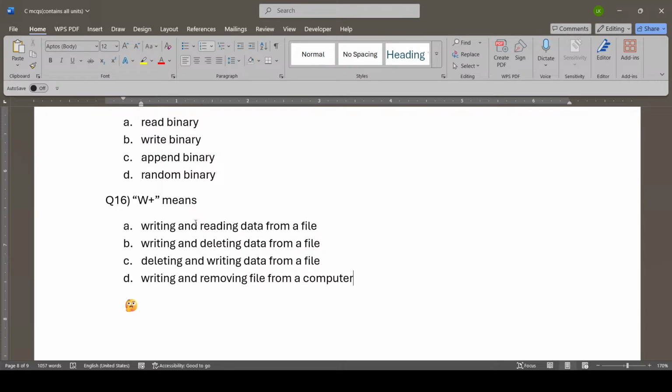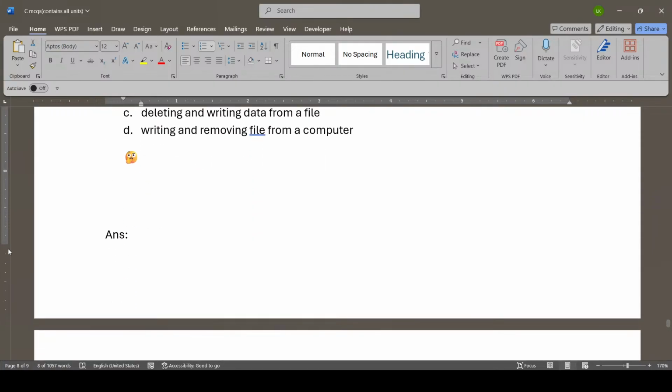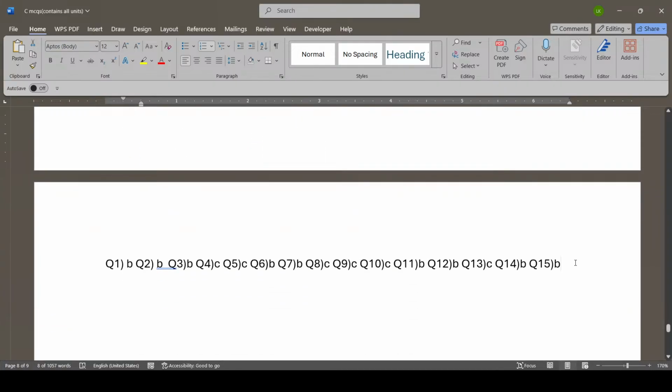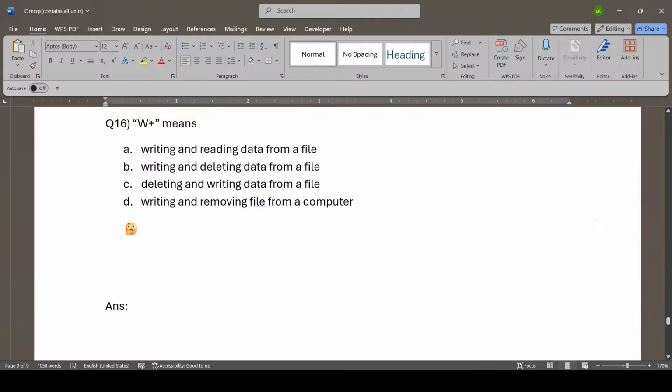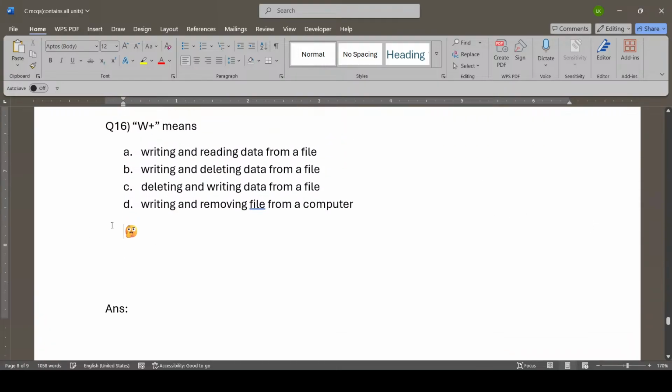W means writing, storing data, and plus is just the opposite of W, that is reading. So the right answer is A, writing and reading data from a file. Question 16, A. Now going to write the next question here.